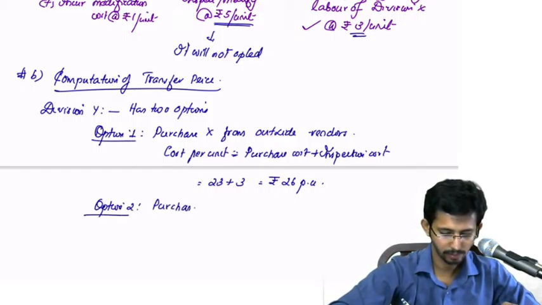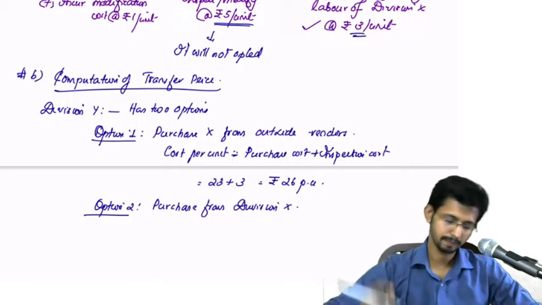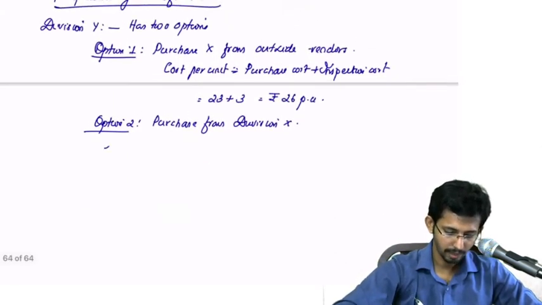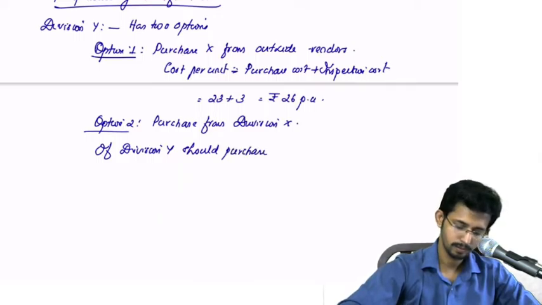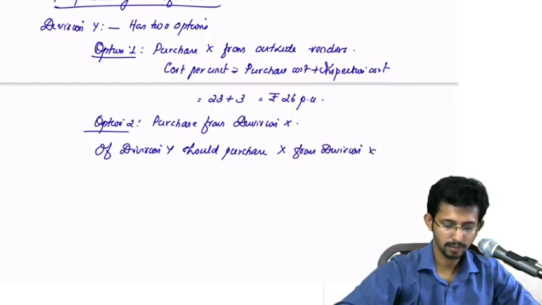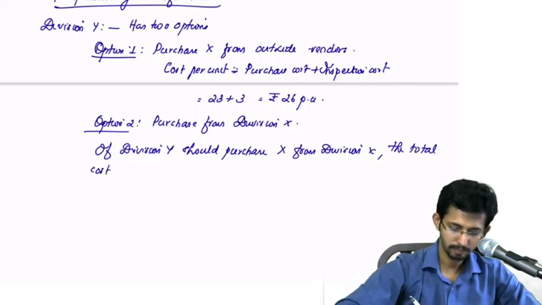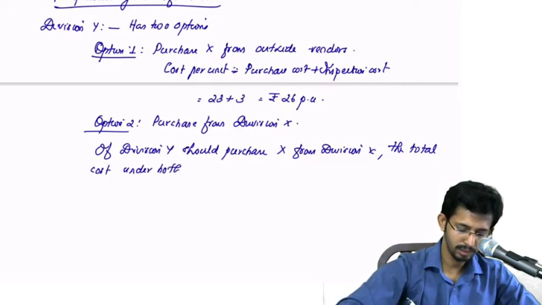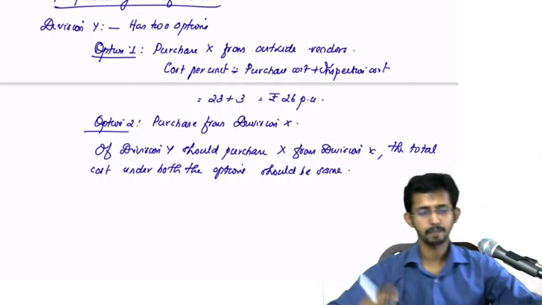Now you can write option 2, purchase from division X. Under that, if division Y should purchase X from division X, the total cost under both the options should be the same.